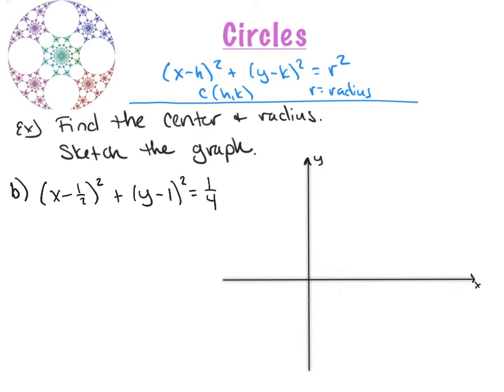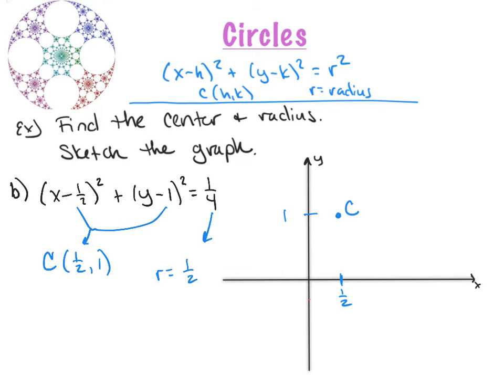Okay, so the center must be positive 1/2, positive 1. Positive 1/2, I'll put it here. Positive 1, we'll put here. There's our center. And the radius, don't forget to take the square root, is 1/2.